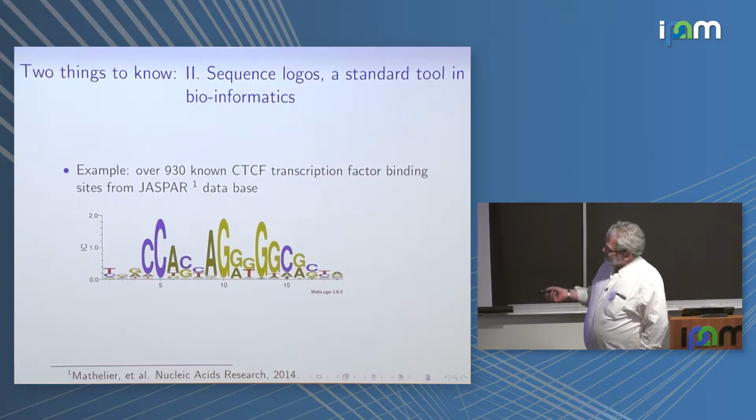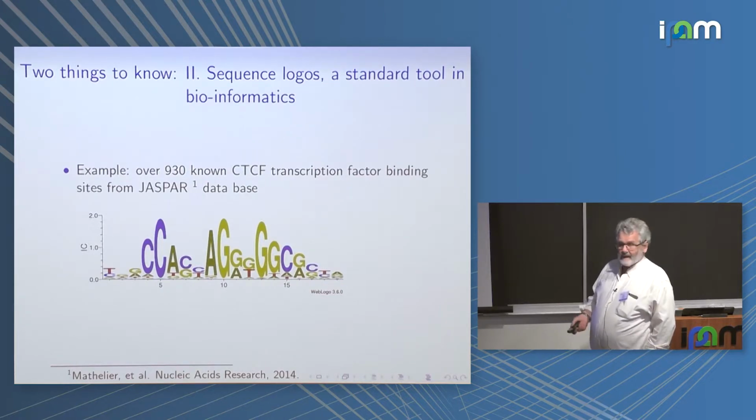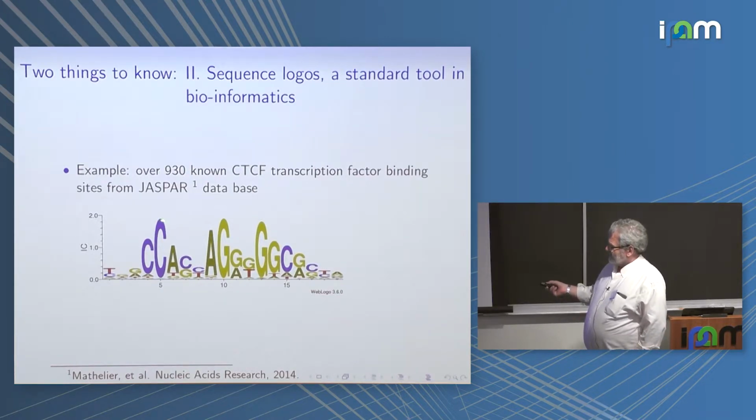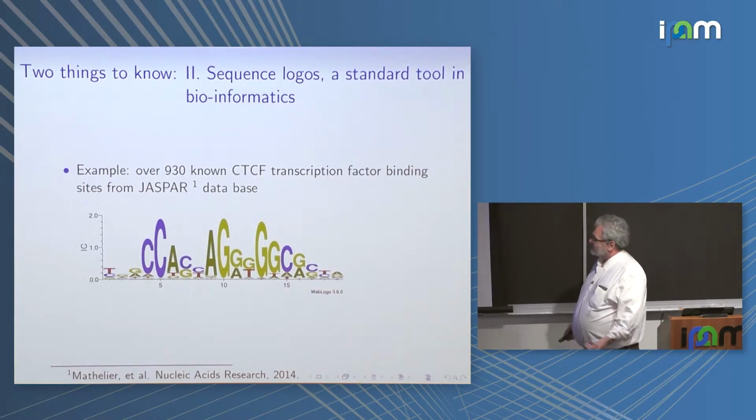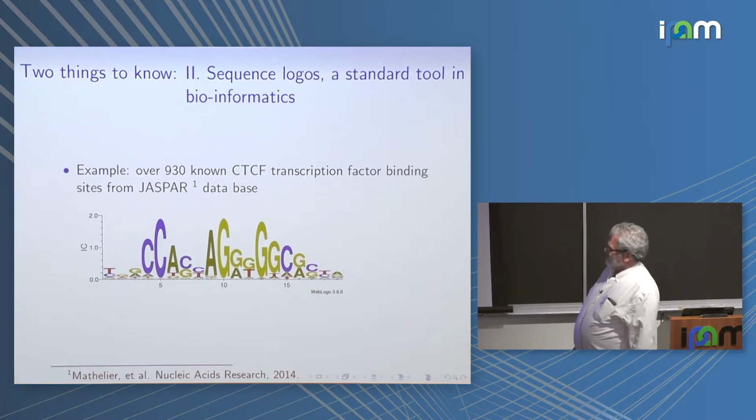Then visually, instead of just saying the probabilities, they weight the height by the base 2 entropy. So if you get to height 2, this would mean that it was 100% C, and if you get to a quarter, then the height would be 0, so there'd be no information. So this is a standard thing, sequence logos, and that's a particular one for this transcription factor binding site.